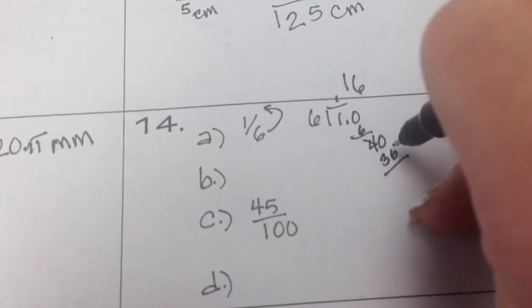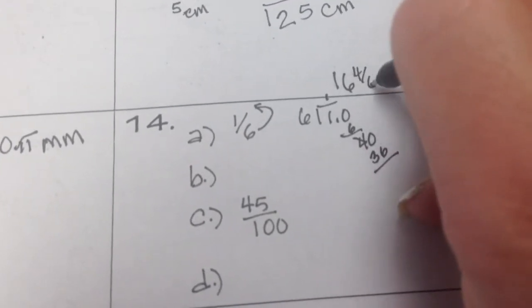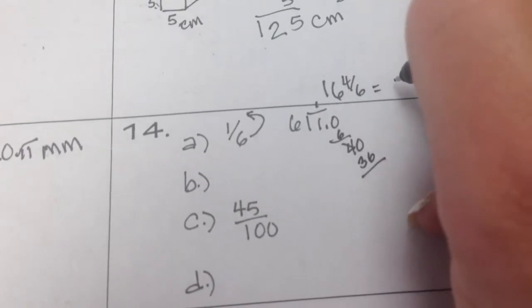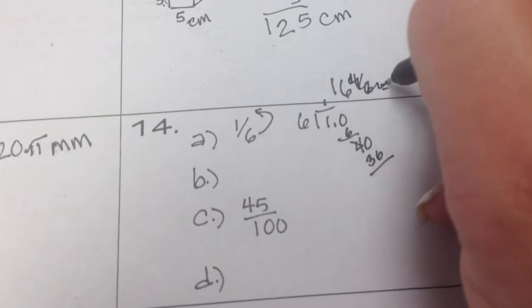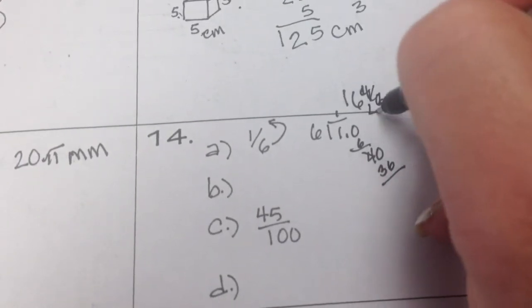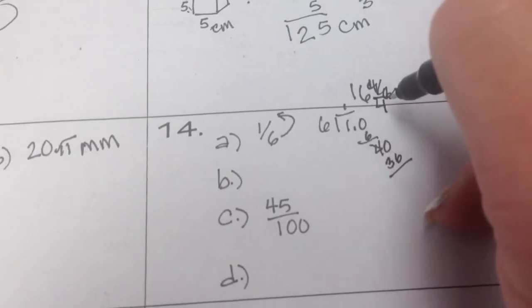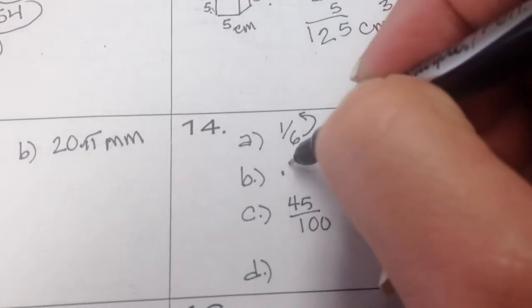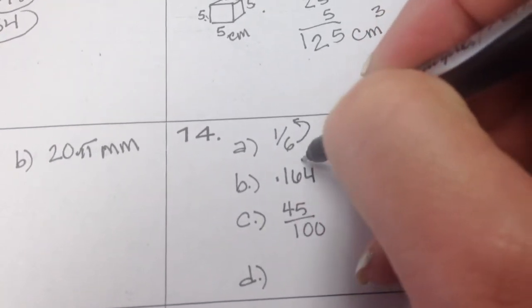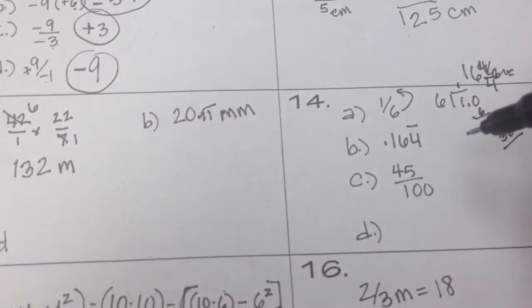Look, we're going to keep getting 40, so it's 0.1666, repeating.